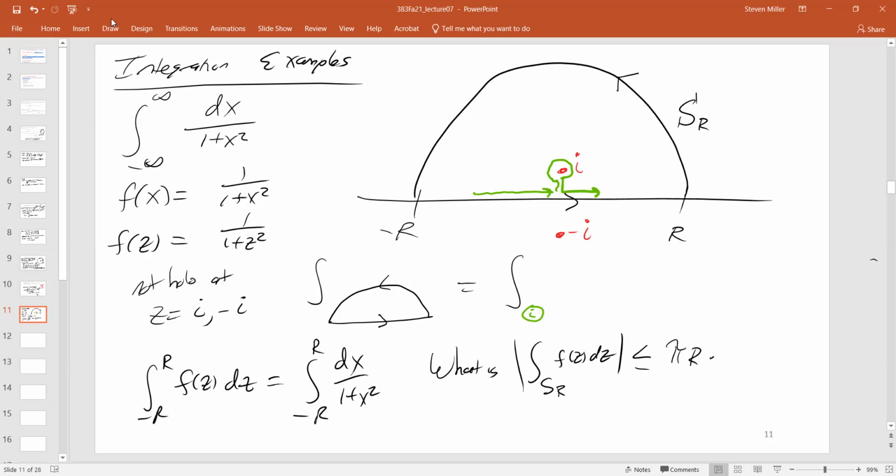And what's the maximum value of the function? Almost. What is the largest absolute value? 1 over r squared minus 1. The worst case for us is if z squared is negative r squared. So the value of the function is 1 over, worst case, r squared minus 1. And that's going to go to 0 as r goes to infinity.